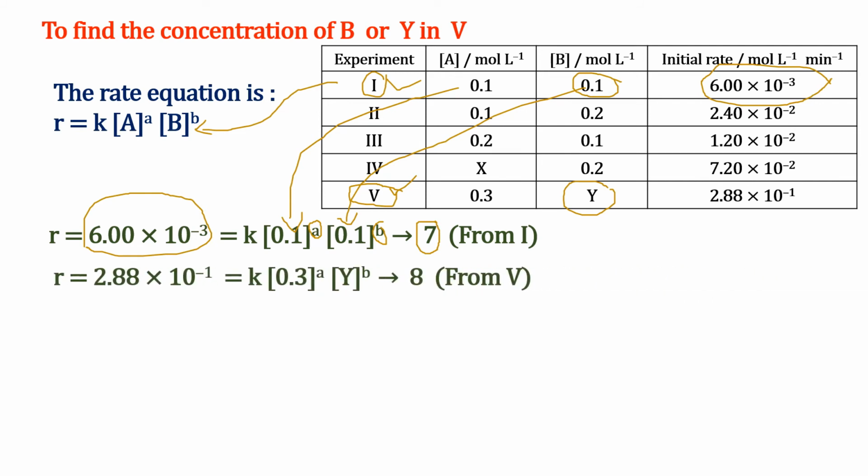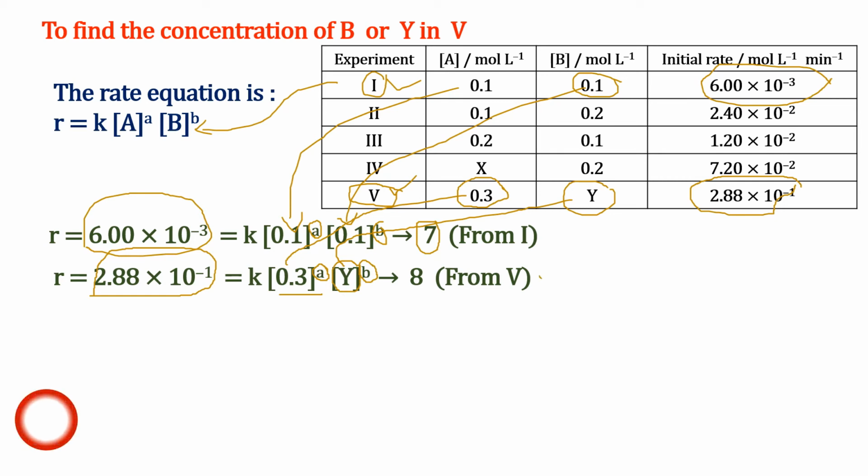R is equal to 2.88 into 10 power minus 1, that is the rate of the reaction for experiment number 5, and which is equal to K into 0.3 to the power a, small a, the order of the reaction with respect to reactant A, into Y to the power b, small b, the order of the reaction with respect to reactant B. So here the concentration of A is 0.3, whereas the concentration of B is unknown. The value of Y is unknown.